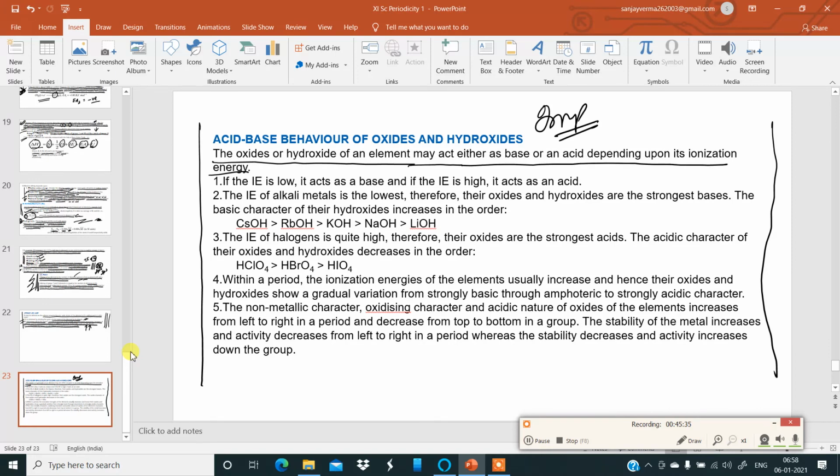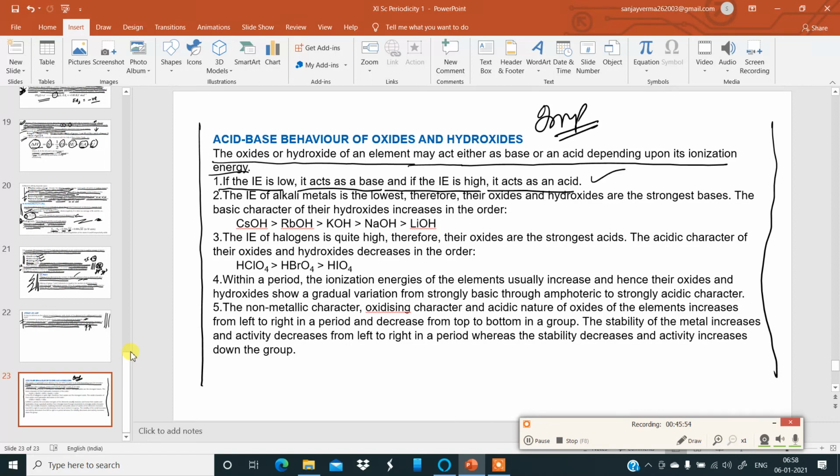Metallic oxides are basic in nature, alkaline, and non-metallic oxides are acidic in nature. If the ionization energy is low, it is going to act as a base. Please learn this properly. And if the ionization energy is high, it is acting as an acid.